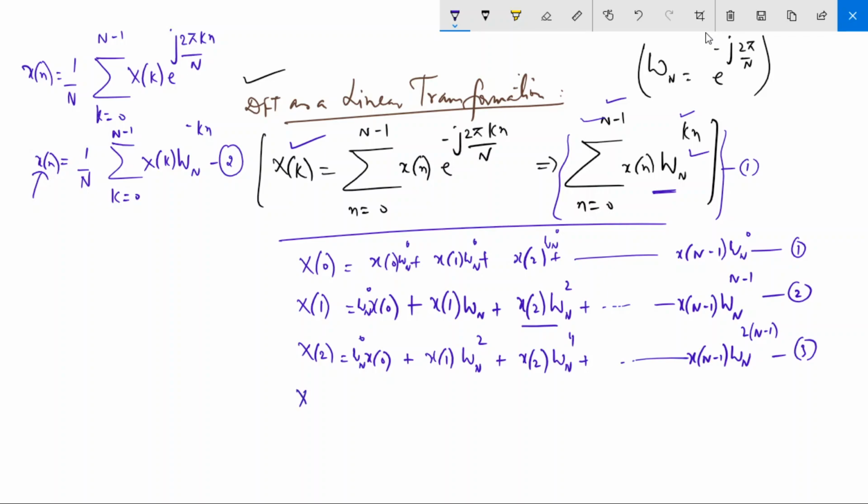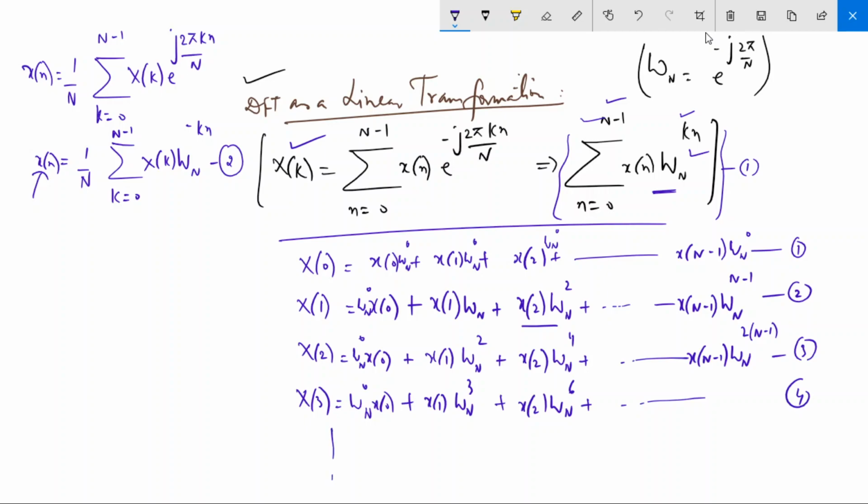Similarly for X[3], it will be W_N to the power 0 into x[0], plus x[1] W_N to the power 3, because k is now 3 and n is 1. Then x[2] W_N to the power 6, since k is 3 and n is 2, then 9 and so on. This is equation number 4 and so on.